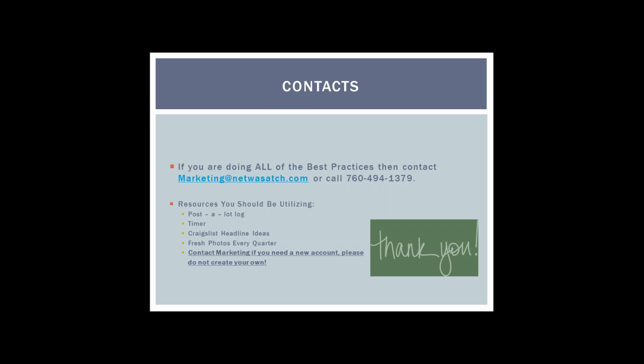This will help get you in the habit of posting, and it's just kind of a quick reference on if your leasing agents were posting or if you posted to Roof. So you should be utilizing the post-a-lot log, again, a timer, whether this is on your phone or some kind of manual timer that you buy at the store. You should be using a timer until you get into the habit of posting on a regular, consistent basis.